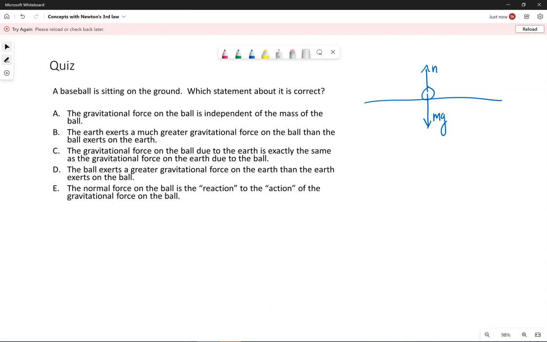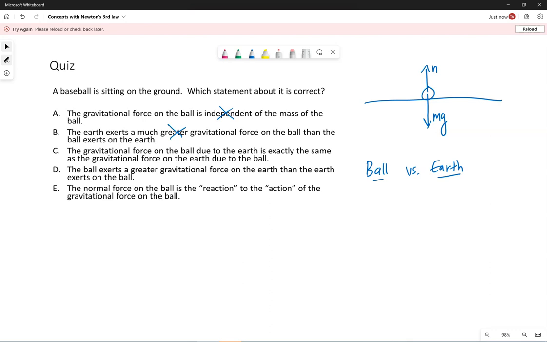So gravitational force is not independent of the mass. We calculate that knowing the mass. One option says the Earth exerts a much greater gravitational force than the ball exerts on the Earth. That cannot be true, because Newton's third law is telling us that if we're talking about the ball versus the Earth, we would say the action was either the Earth acting on the ball gravitationally or the ball acting on the Earth gravitationally.